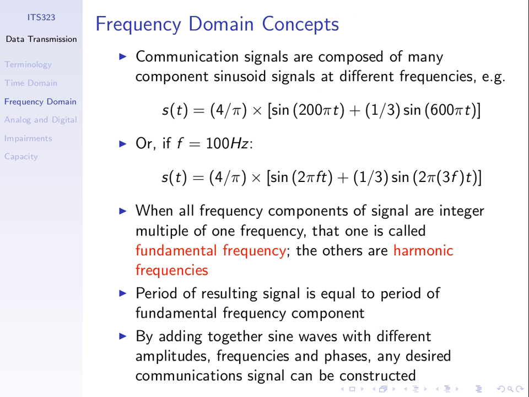If we have a signal which is made up of different individual sinusoids, like in this one, it's 2 different sinusoids, and if that resulting signal has some structure, in this case we see there are some common things. If f was 100 Hertz, then what we have is 4 on pi times sine 2 pi 100t, which gives us 200 pi t, plus 1/3 sine 2 pi 300t, or 600 pi t, if f was 100.